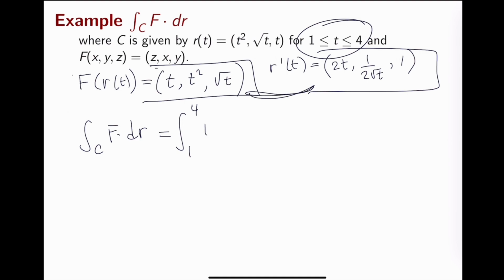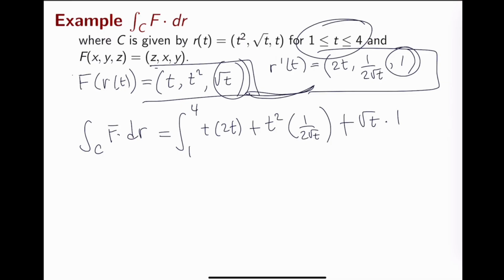So that is going to be, in this case, t times 2t plus t squared times 1 over 2 square root of t plus square root of t times 1. Okay, and now it's just doing the operations here, simplify and integrate.